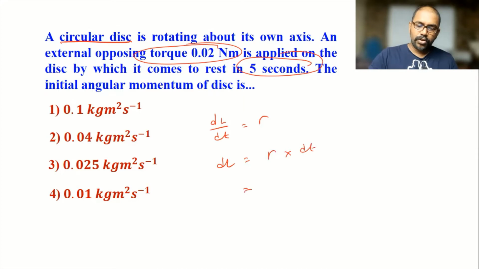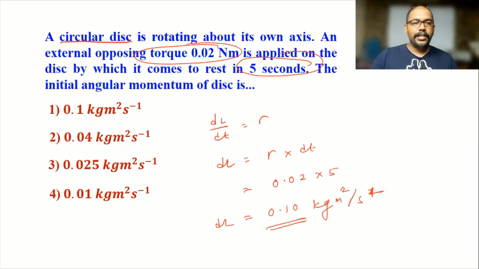So torque is 0.02 and time is 5 seconds. 0.02 multiplied by 5 is 0.10, and the unit is kg meter square per second. This is the angular momentum, and it is written in option 1. So option 1 is the correct answer for this question.